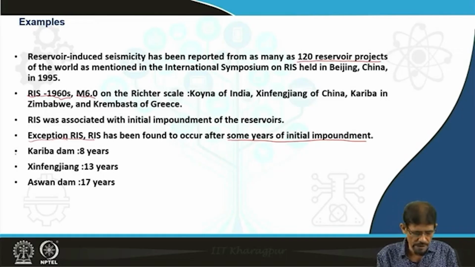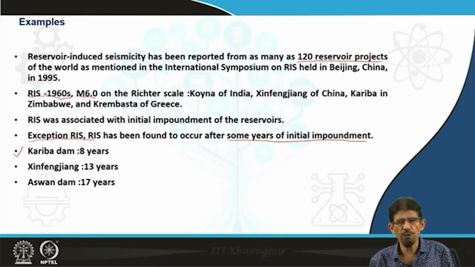However, in certain cases, in case of Kariba Dam, the RIS was produced after impoundment of water having a gap of 8 years. Then in case of the Xinfengjiang project, after 13 years, the people of China observed RIS due to this project. And in case of Aswan Dam in Egypt, the RIS was observed after 17 years, a long gap.